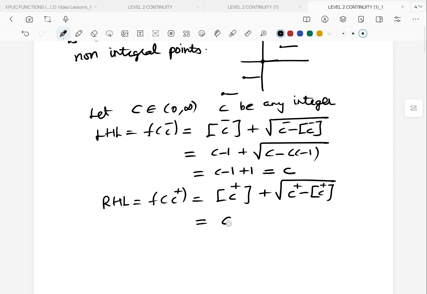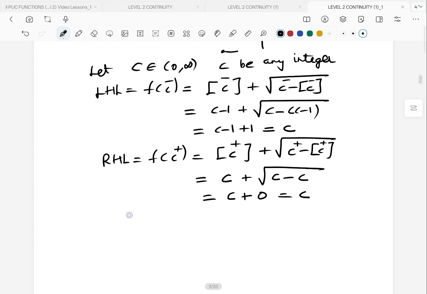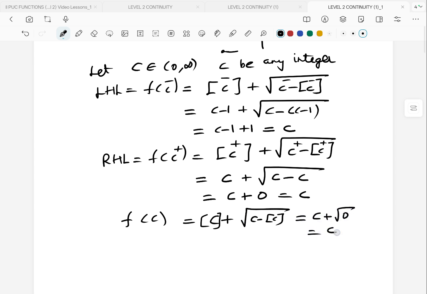It is nothing but C plus root of C minus C. So, this is C plus 0, which is C. Also, f of C is step C plus root of C minus step C, which is C plus root of 0, which is C.